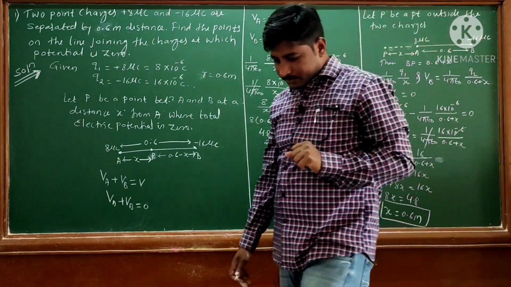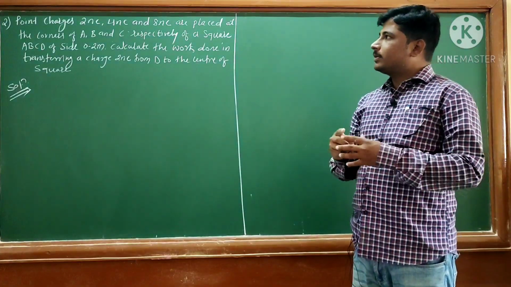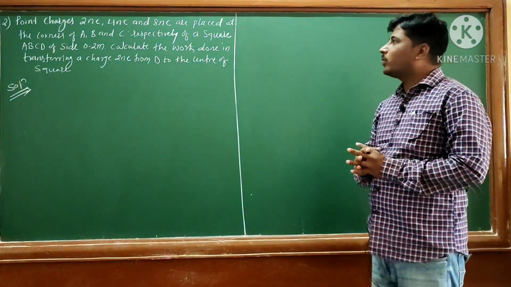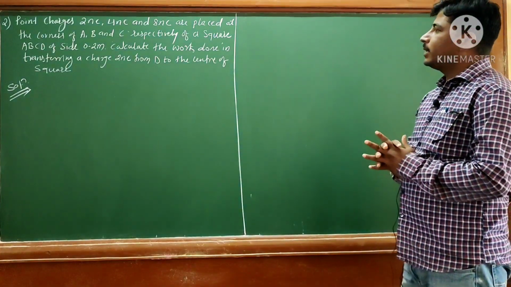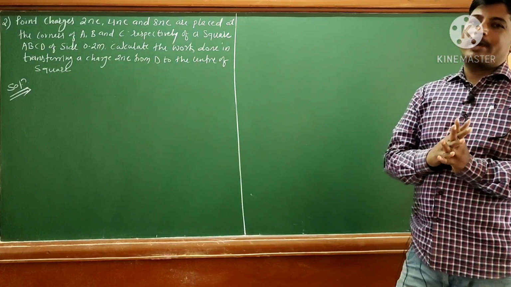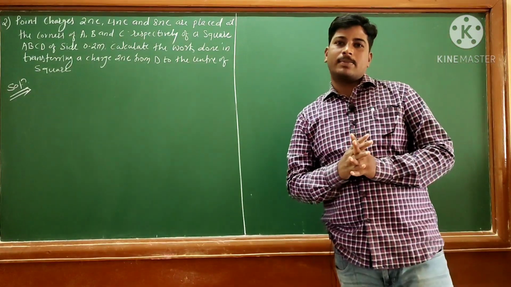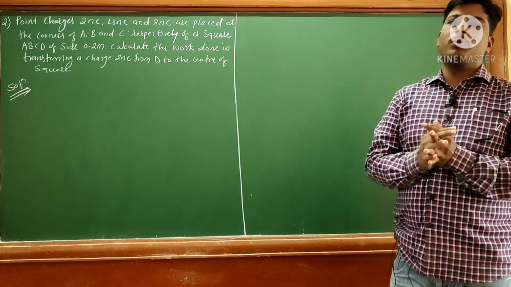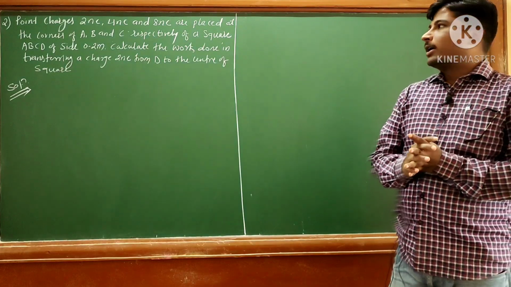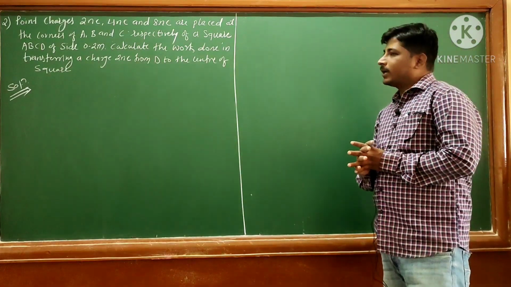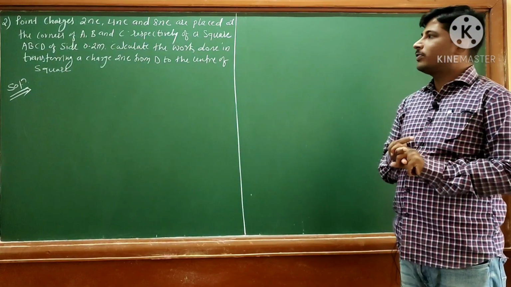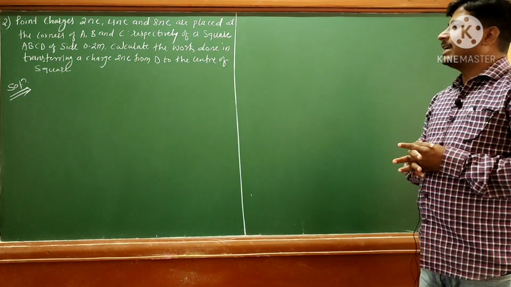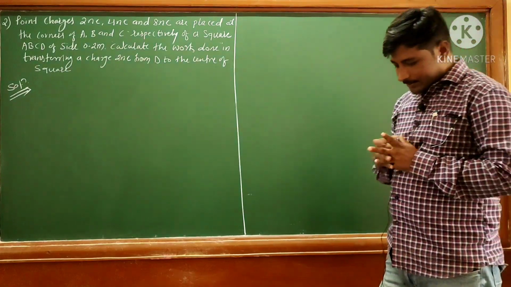Okay, so it is the next problem. Point charges 2 nanocoulomb, 4 nanocoulomb and 8 nanocoulomb are placed at the corners A, B and C respectively of a square of side 0.2 meter. Calculate the work done in transferring a charge of 2 nanocoulomb from D to the center of the square.